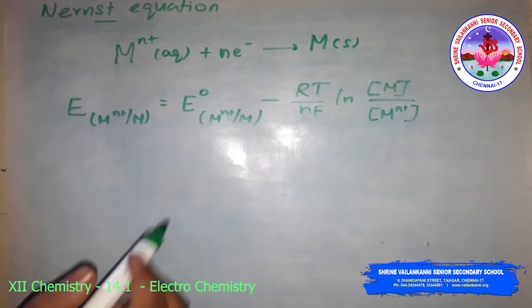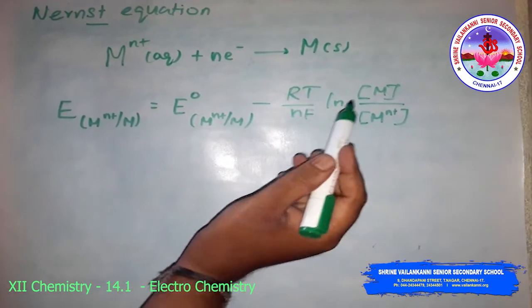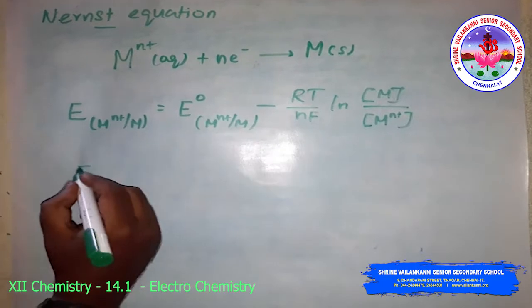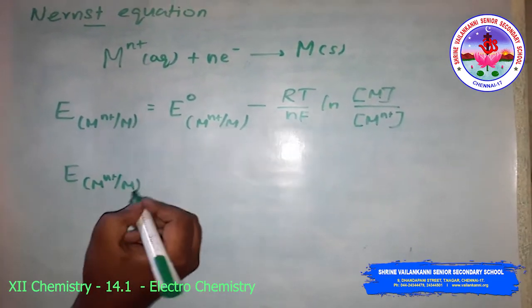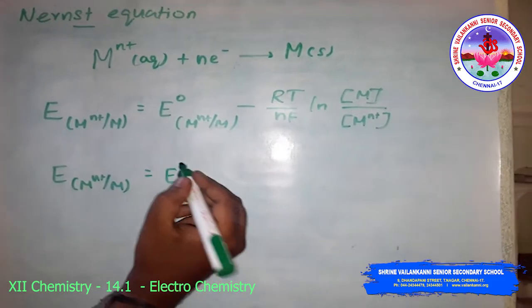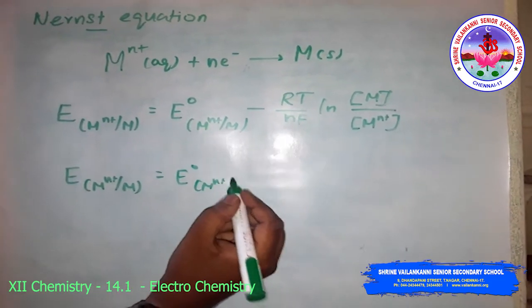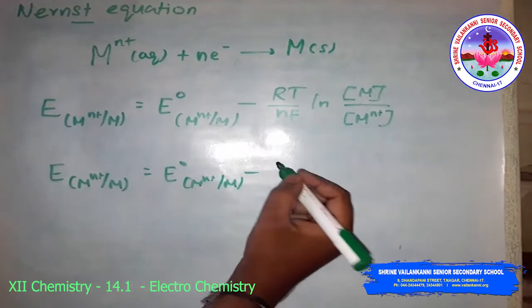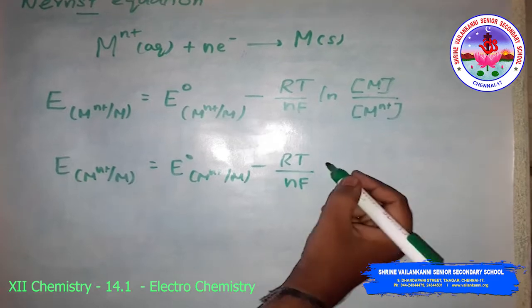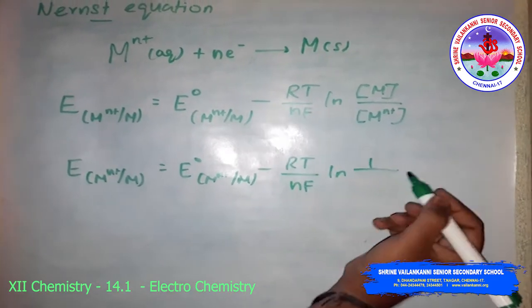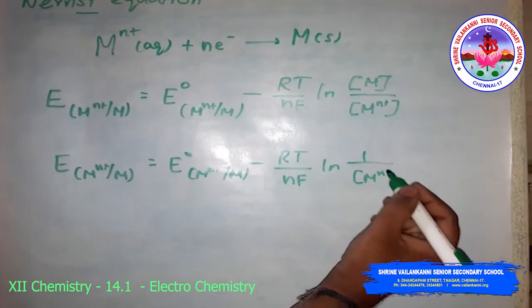Here the concentration of the solid metal is taken as unity, so we can write it like this: E M^n+/M is equal to E naught, that is E naught M^n+/M, minus RT divided by nF into ln 1 divided by [M^n+].